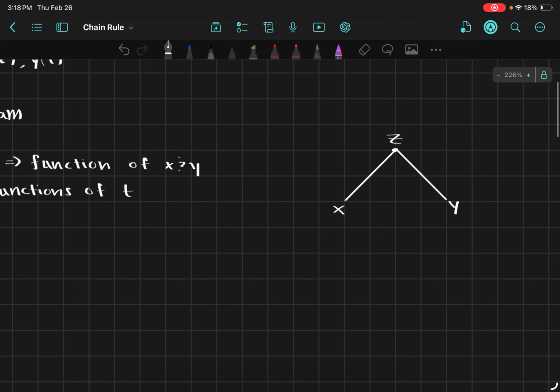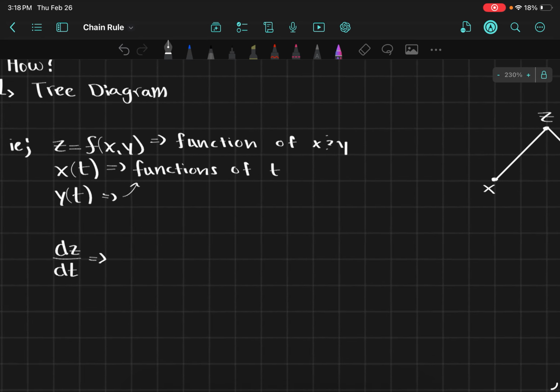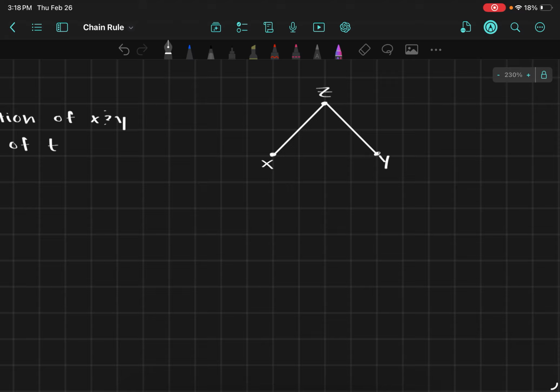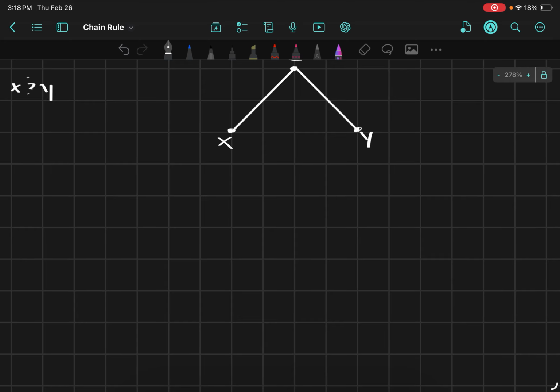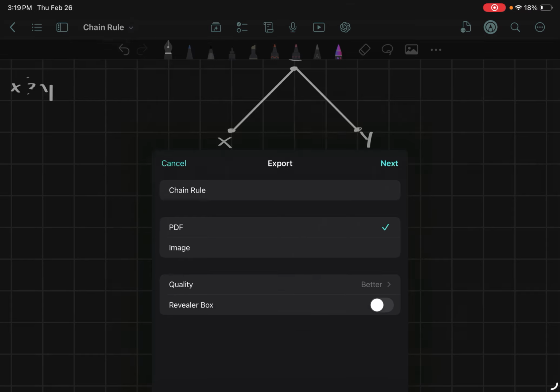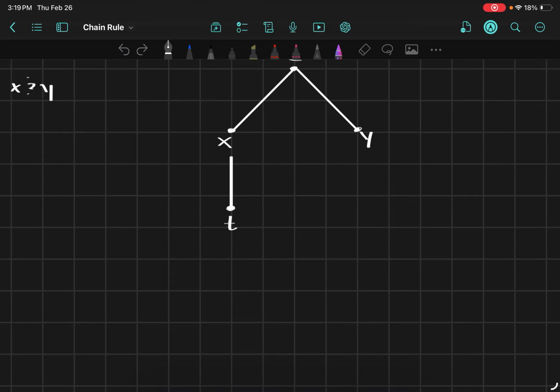These x's and y's are intermediate variables of the final independent variable t, since they are functions of t. Therefore, we have another branch going to our final independent variable t.